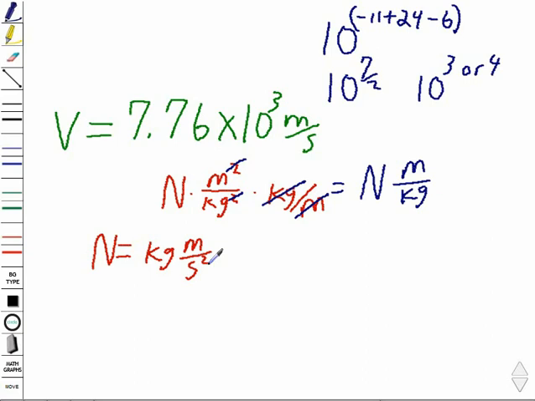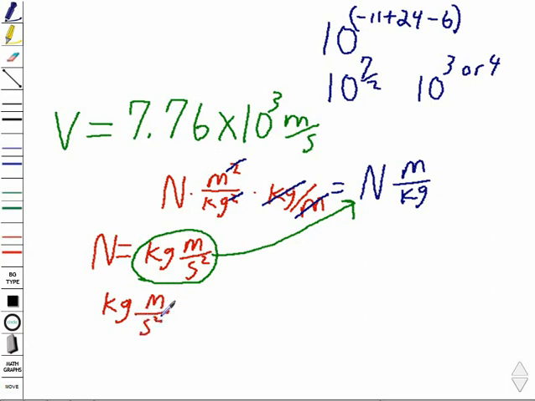And I had meter and kilogram left over, so I take this kilogram meter per second squared. If I put it in for my Newton, here's what I get. I get a kilogram times a meter divided by a second squared times a meter divided by a kilogram.